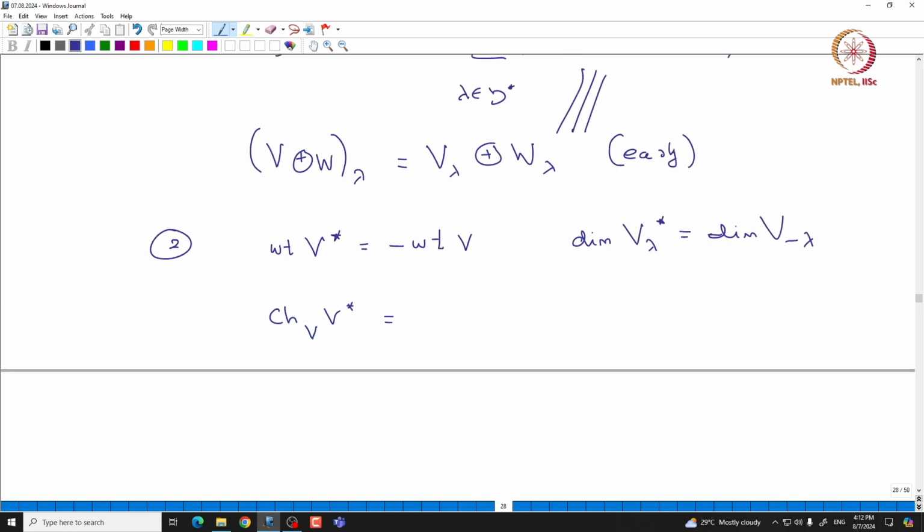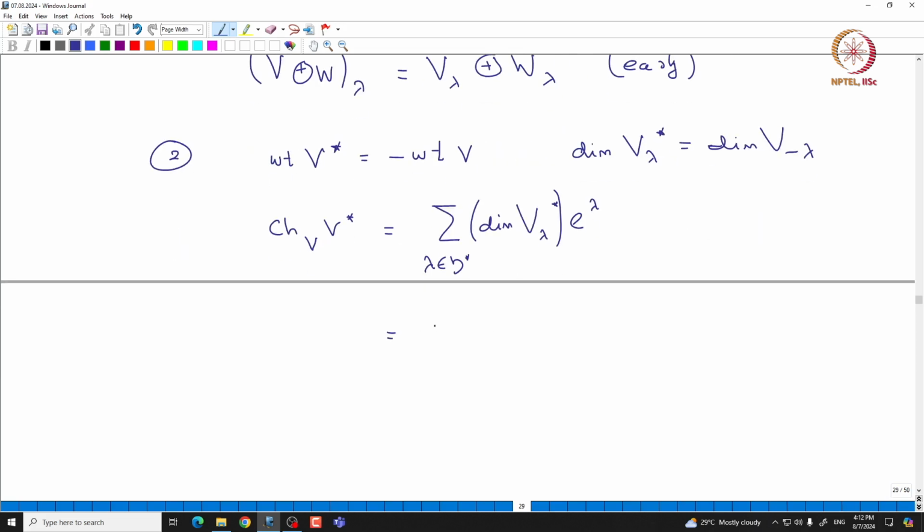The character of V star is equal to the summation of dimension V star lambda e power lambda, lambda in H star. Now you just replace this by dimension V minus lambda, and then e power minus of minus lambda, lambda in H star.